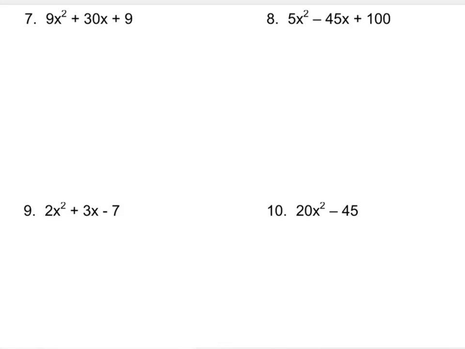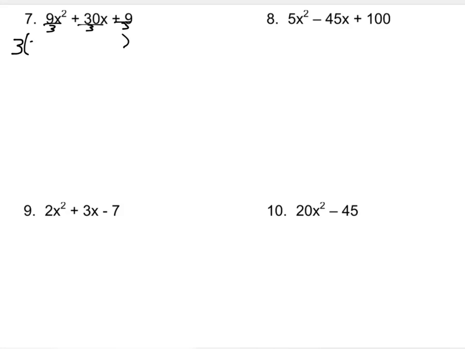Now we're going to go over a few more examples. Okay, these problems were a little different. The basic idea is the same, but these all have a greatest common factor that we have to take care of first. So, kind of like problem 6 had a negative 1. Well, these can all be divided by 3. So we're going to factor out a 3 first, which means you're going to divide each of these things by 3.